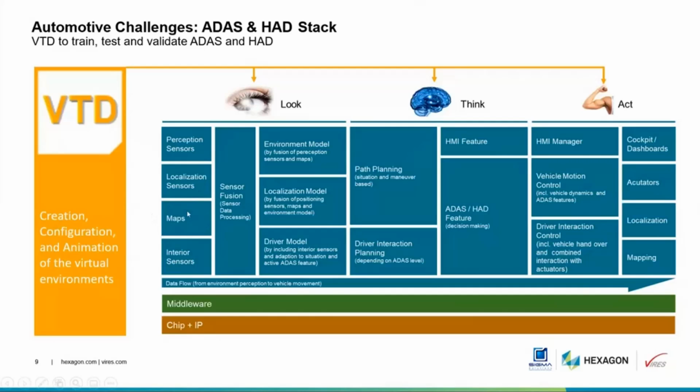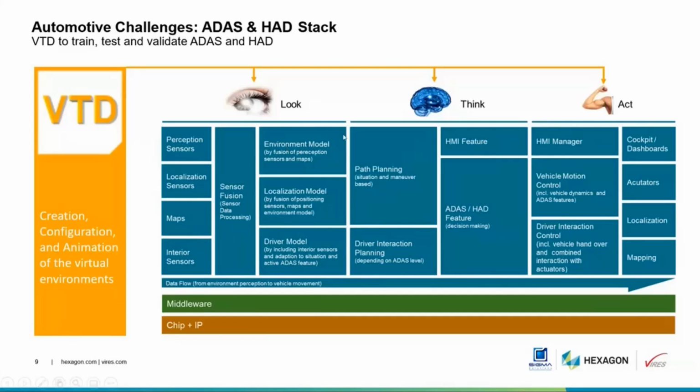Then maps, so where to navigate: you should have proper maps from point A to point B. Then interior sensors, such as an occupant sensor or a drowsiness sensor. Once you get the data, we fuse it.